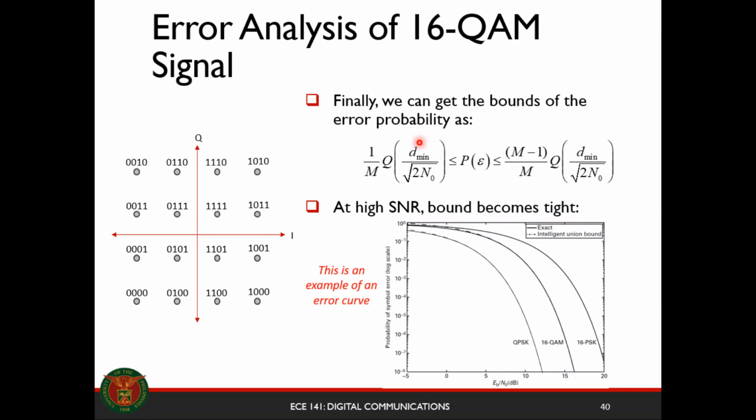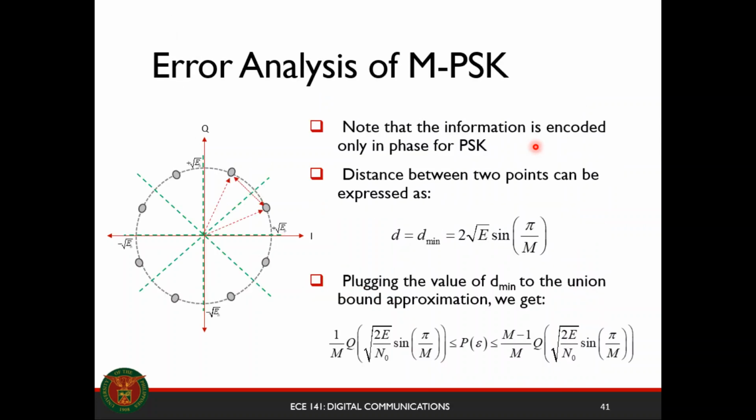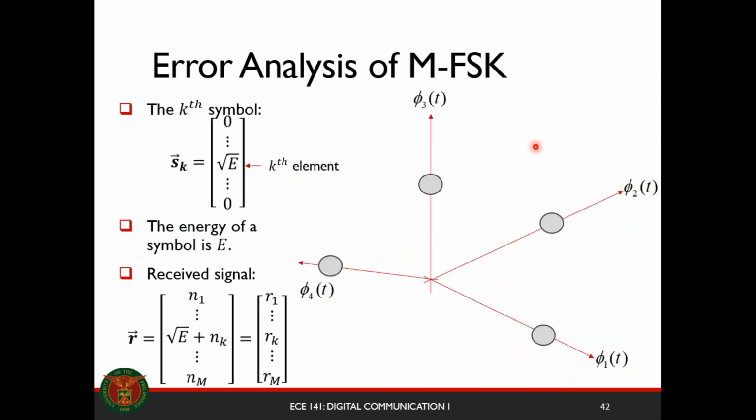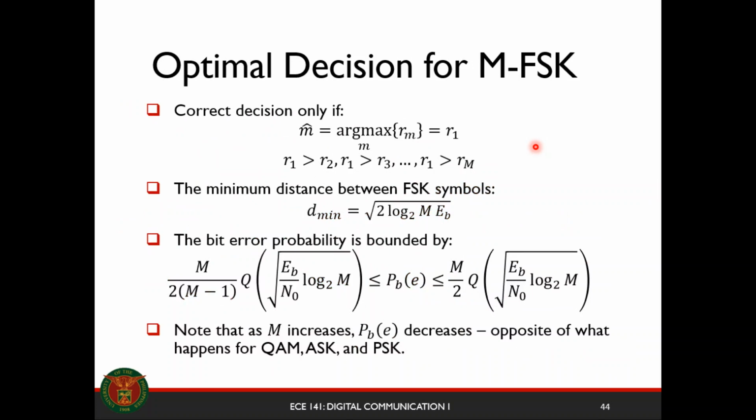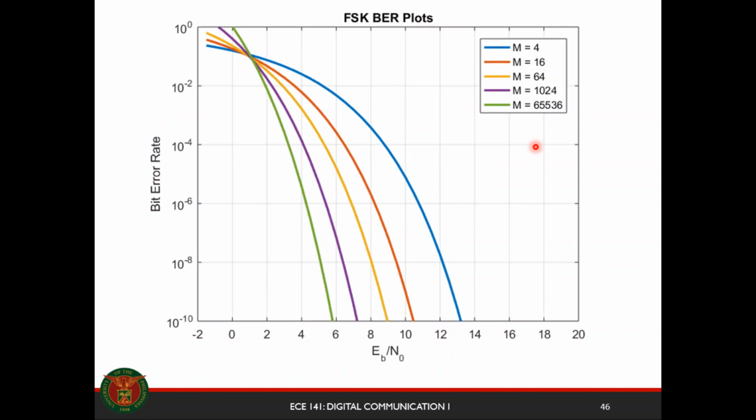In this case, it actually has an effect inside your bit error rate. If you increase the minimum distance, you actually decrease your bit error probability. And this is used widely in your two-dimensional signals, even in your three-dimensional, m-dimensional signals rather.